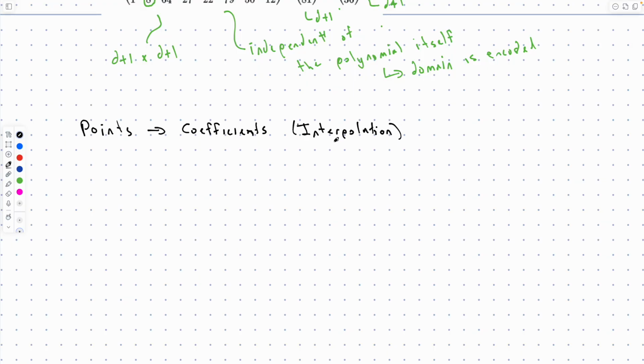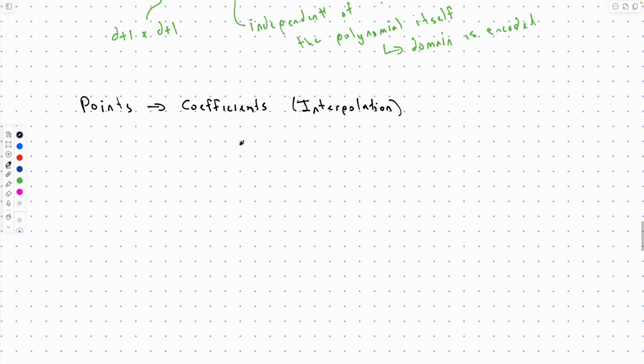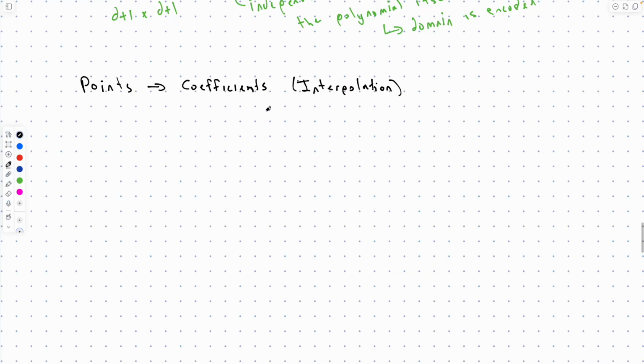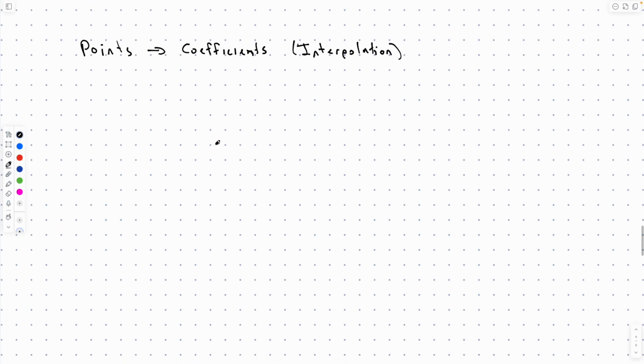Sometimes it's more the application of why you want to do this in real life, but sometimes we call it fitting. So you have some data, which is a set of points, and you want to fit a polynomial to it. So you're going to interpolate a polynomial through those points. So you can think of it as sort of fitting a polynomial to it. Okay? Any ideas about how on earth we're going to do interpolation?